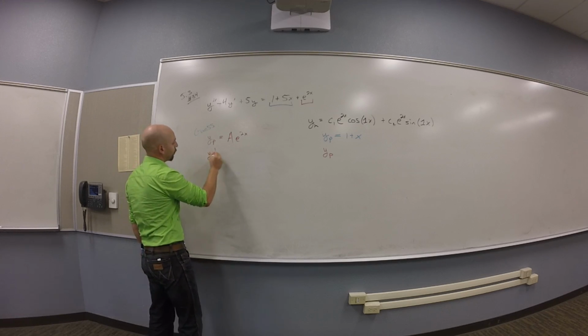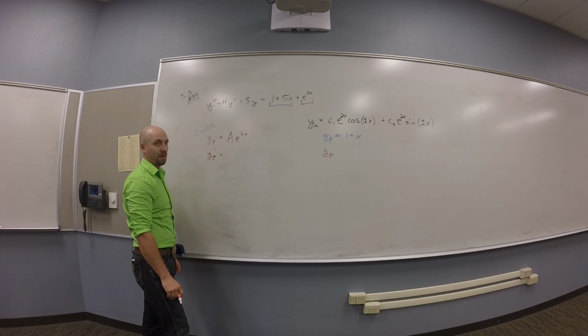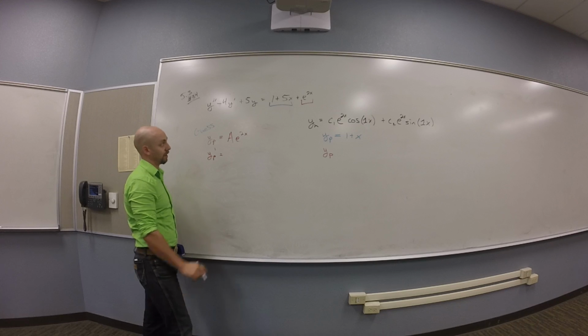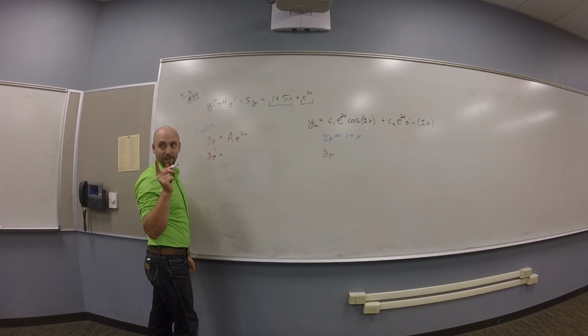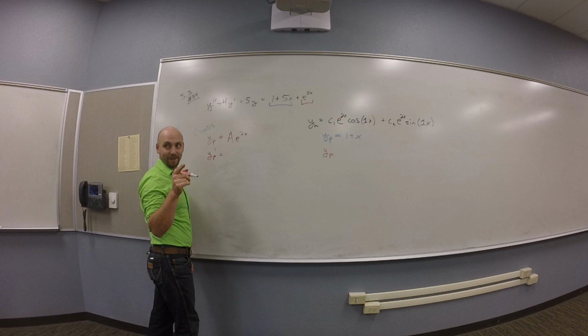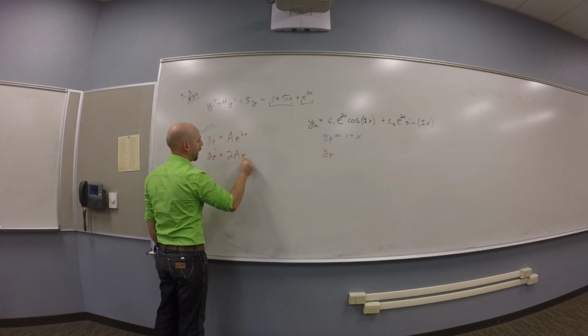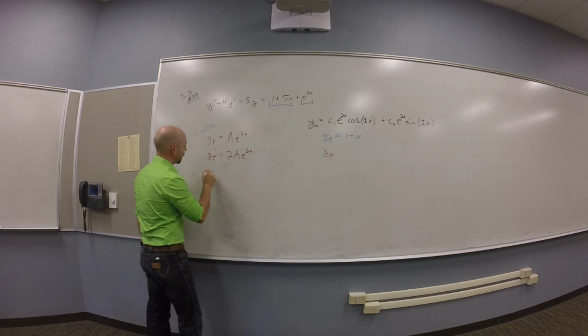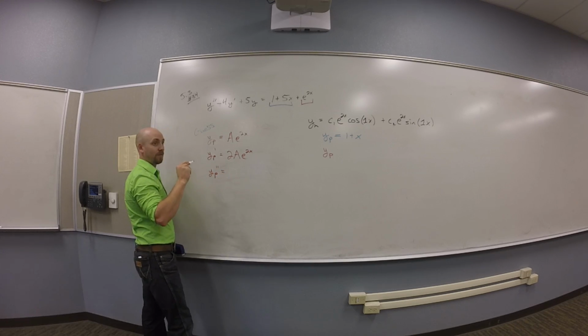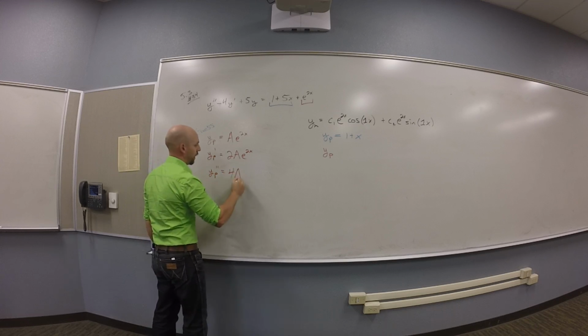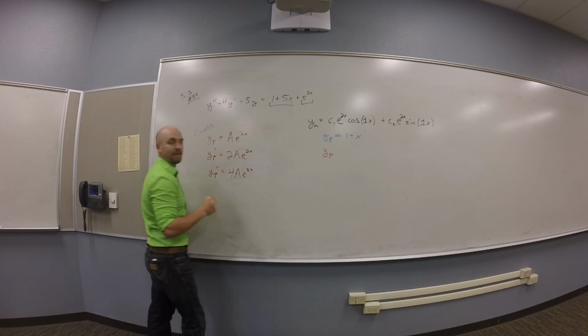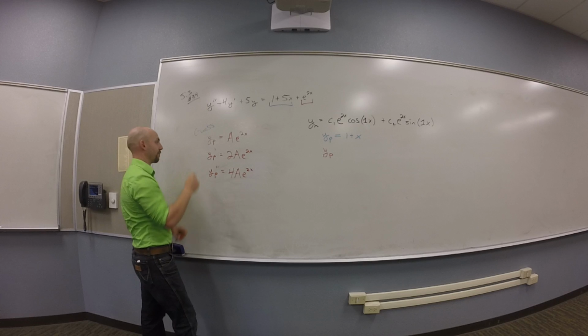Okay, so then yp prime should be a e to the 2x times 2. So I think I got 2a e to the 2x, and then yp double prime should be 4a e to the 2x. And then we should take those and shove them in there.